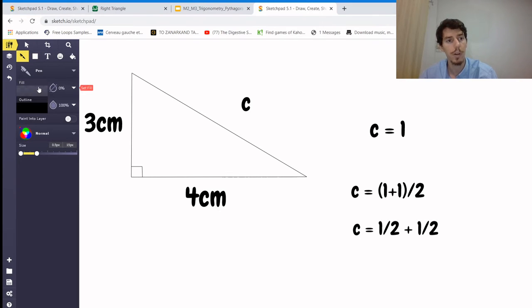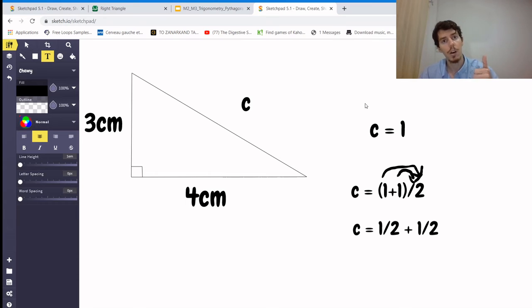You remember this one? I used to write like this. And now 1 over 2 plus 1 over 2 is 2 over 2, which is 1. So this one is equal to 1, this is correct. This is the same thing with the square root. Remember, you have to give to everybody. Okay guys?